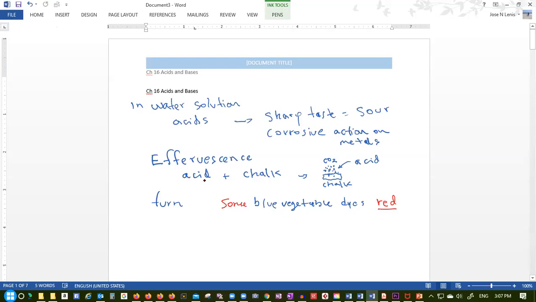And you can test that at home. For example, you may have some red cabbage in your kitchen.